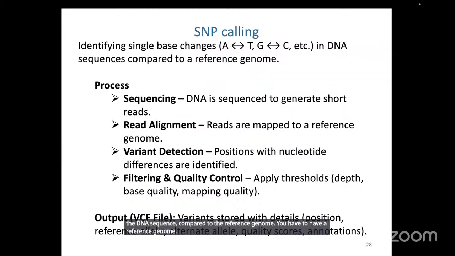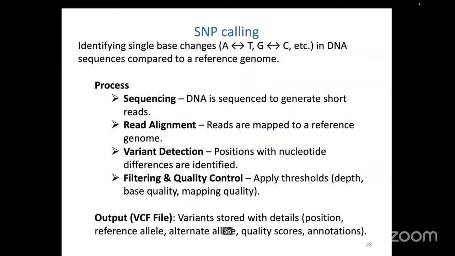So what's the process? You sequence the DNA to generate the short reads, like what we covered in metagenomics and RNA-seq. You align your reads to the reference genome, like what we did yesterday. And then from there, now you deviate. You start doing variant detection.